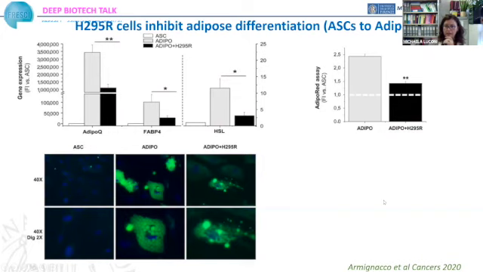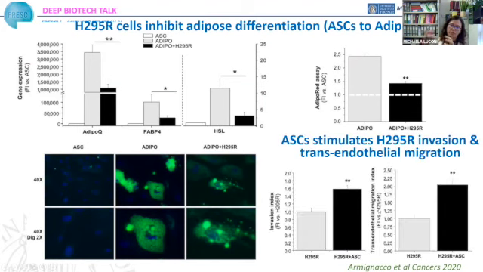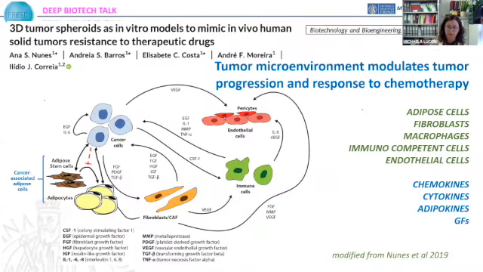On the other hand, there is an effect of the adipose cells on the tumor cells, because these undifferentiated adipose stem cells actually stimulate the invasiveness and transendothelial migration of the tumor cells when they are cultured together. So there is a reciprocal interaction between the adipose components and the tumor cells.